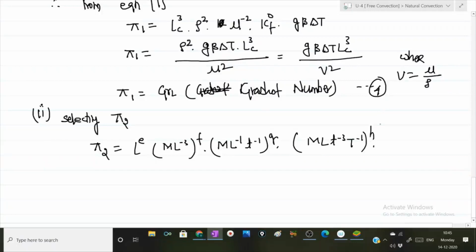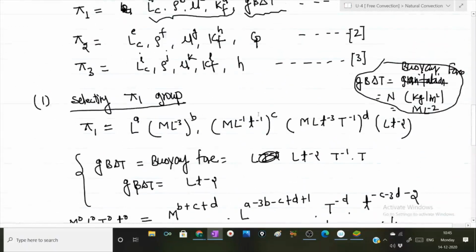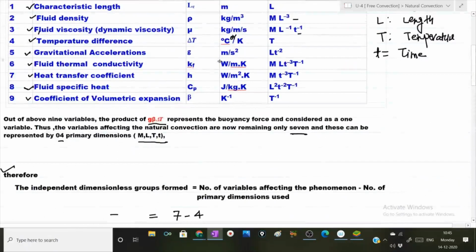Now the primary dimensions of Cp, we are considering equation 2, Cp will be this: L square t minus 2 T minus 1.